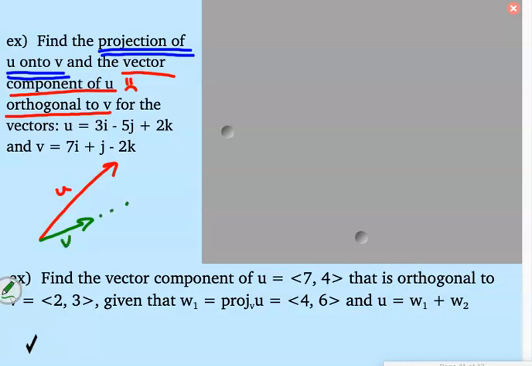If you extend v out, this vector right here, from here to here, that's the projection of u onto v. So it's the component of u along v.